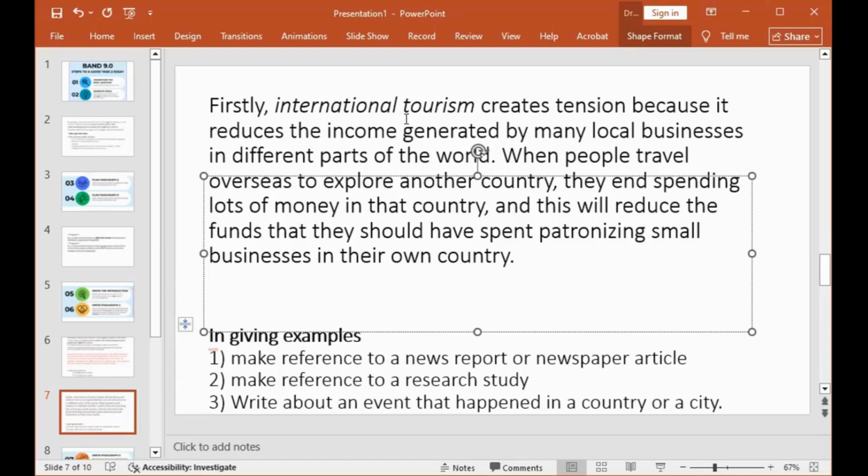So firstly, international tourism creates tension because it reduces the income generated by many local businesses in different parts of the world. Full stop. Next sentence.